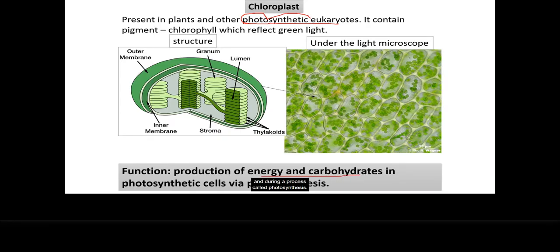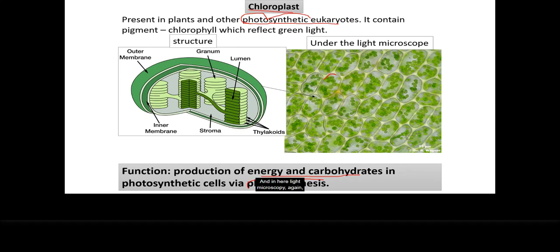During the process called photosynthesis, they use photons, light from the sun, to synthesize, to produce energy and carbohydrates. And it occurs in the special cellular organelle which is called chloroplast.